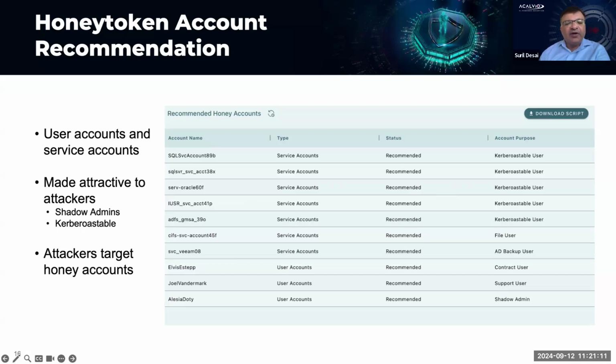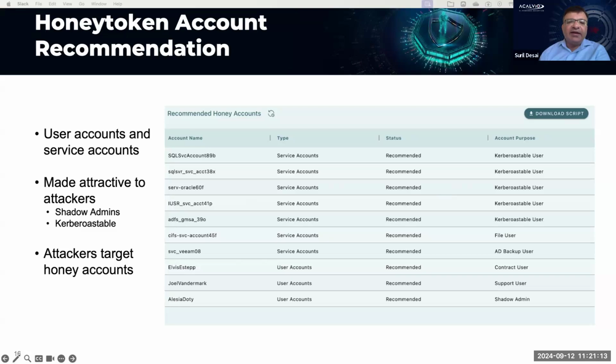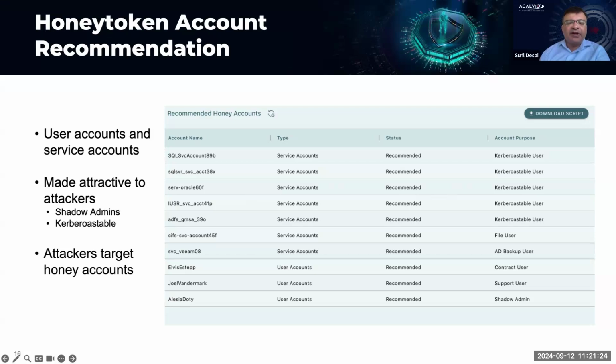They could be accounts that represent identity architecture elements, such as Active Directory Federation Services or ADFS. They could also represent privileged admin accounts. So, for example, a help desk admin account or a support admin account are all generated by the Acalvio algorithms.